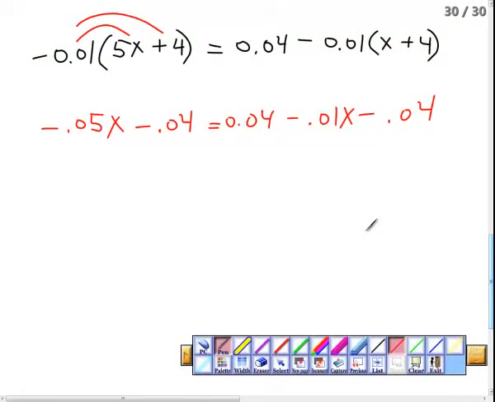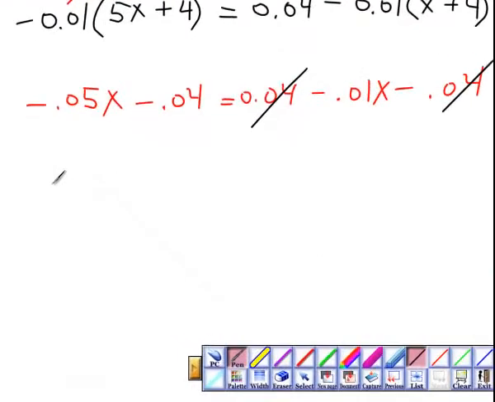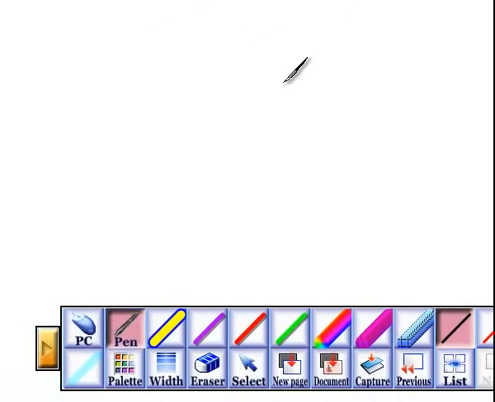So your 0.04 cancels out. You combine like terms here, your 0.04s, they go to 0. So you just got the negative 0.01x on this side. So you got negative 0.05x minus 0.04 equals negative 0.01x. Okay. So I'll let you work on that some more.